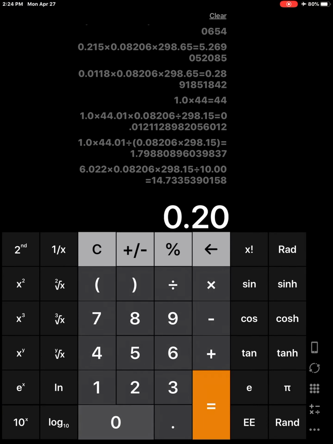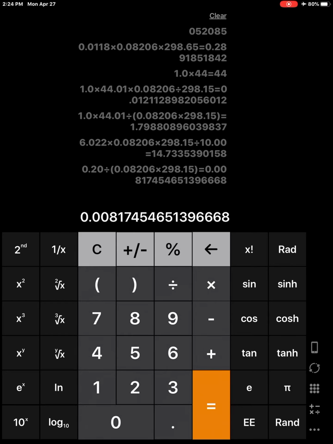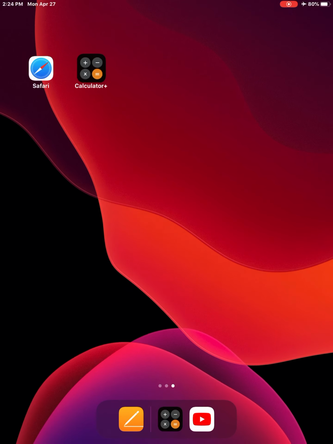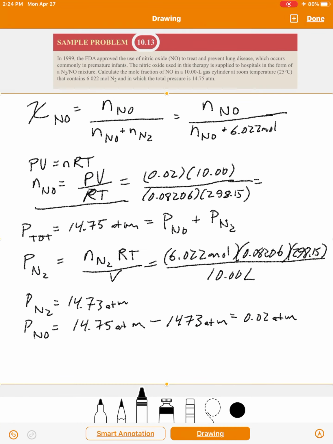So 0.2 divided by 0.08206 times 298.15, and it looks like it's 0.00817. So there's our moles of NO.